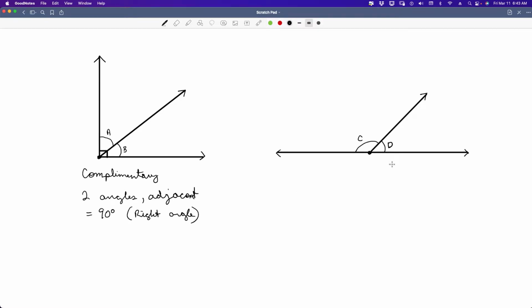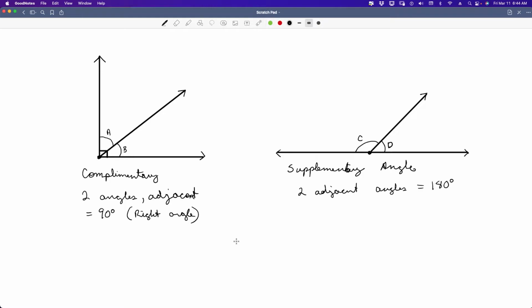The other type that I have illustrated here is called a supplementary angle. And a supplementary angle is two adjacent angles that equal 180 degrees.